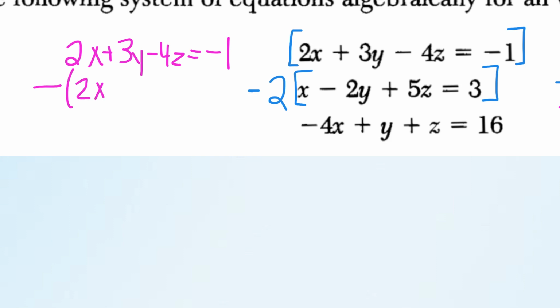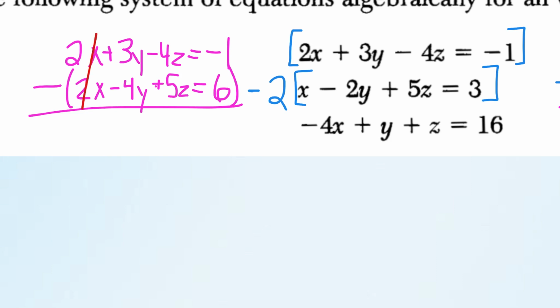So 2x minus 4y plus 5z equals 6. Okay, so if we subtract these, the x's will cancel out, and we'll get, let's see, 3y minus negative 4y is positive 7y, and then negative 4z minus 5z.